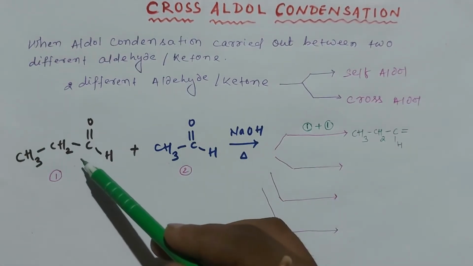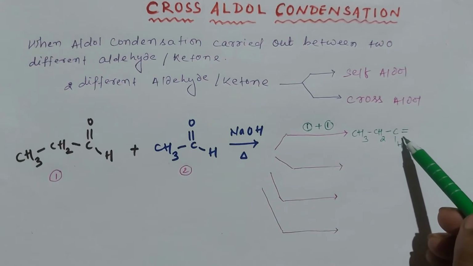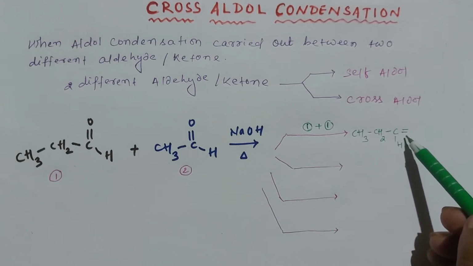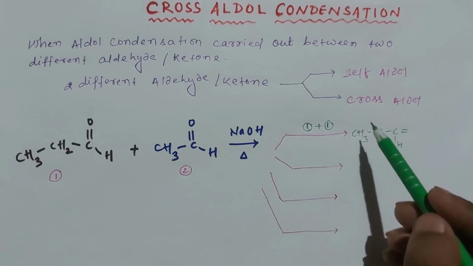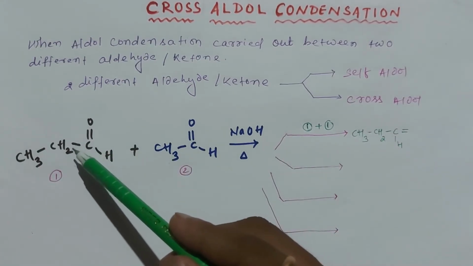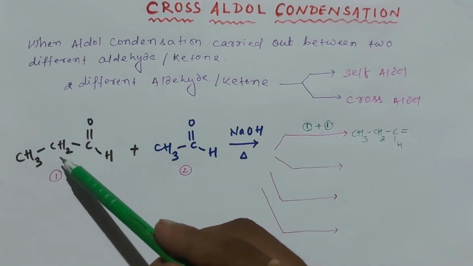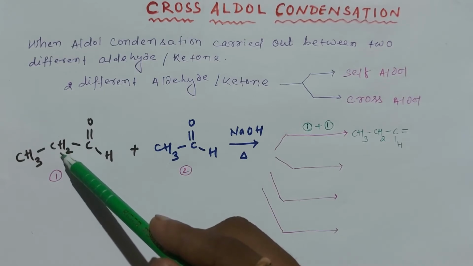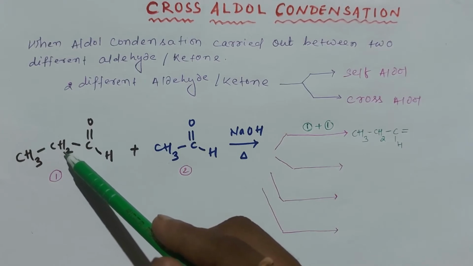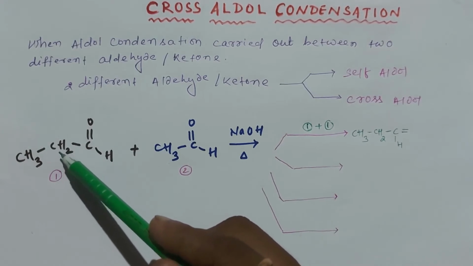This molecule will react with another molecule of the same type. The C double bond will react with another molecule, attaching at the carbon having alpha hydrogen. Here this carbon contains alpha hydrogen, so in the next molecule it will form a bond with this carbon.